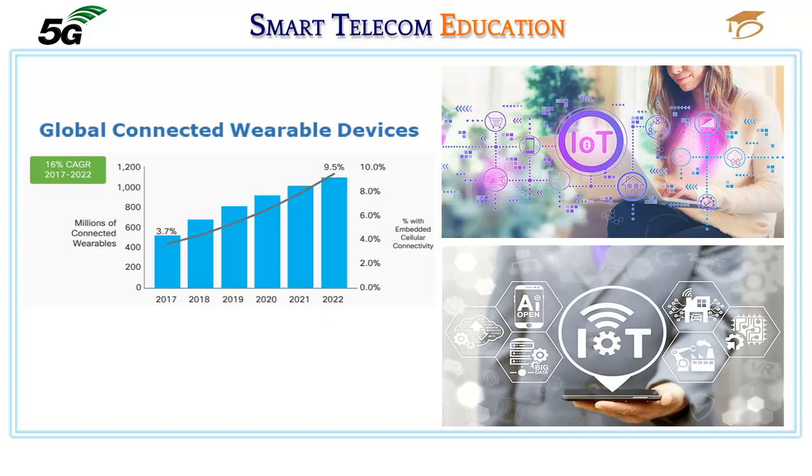Wearable devices, as the name suggests, are devices that can be worn on a person and have the capability to connect and communicate to the network either directly through embedded cellular connectivity or through another device, primarily a smartphone, using Wi-Fi, Bluetooth, or another technology. By 2022, there will be 1.1 billion wearable devices globally, growing over twofold from 526 million in 2017 at a CAGR of 16%.